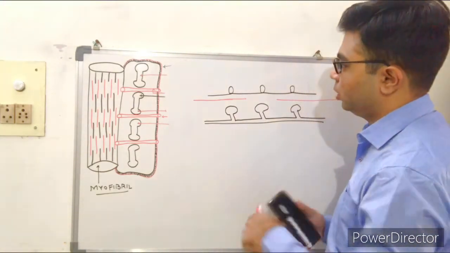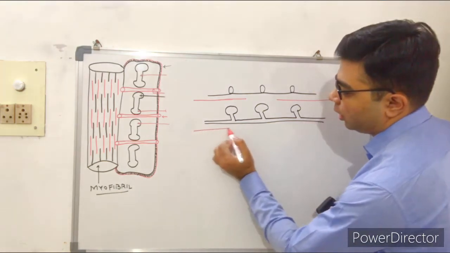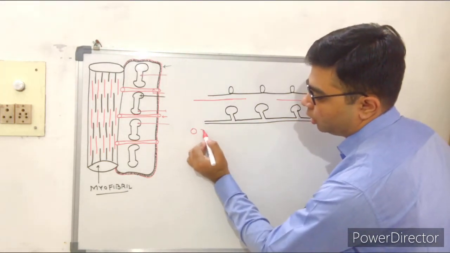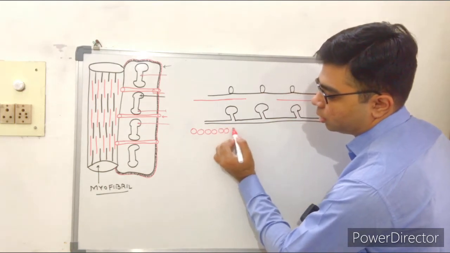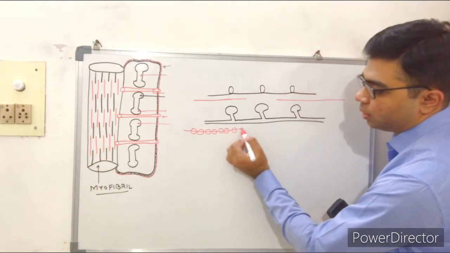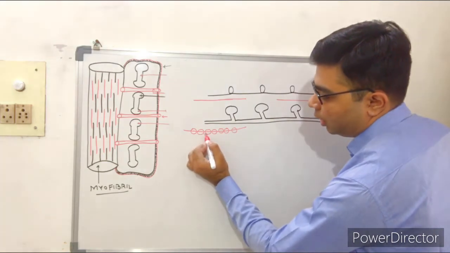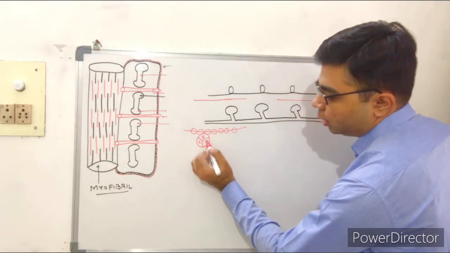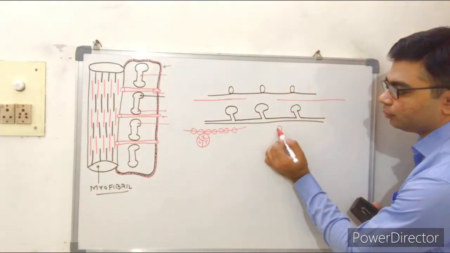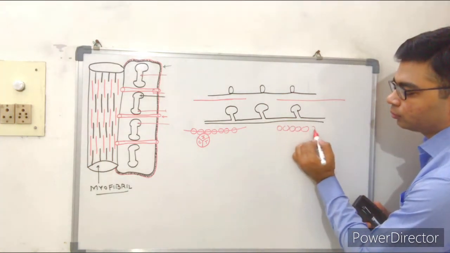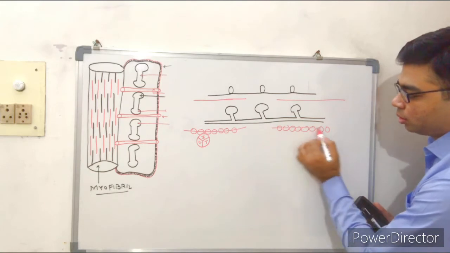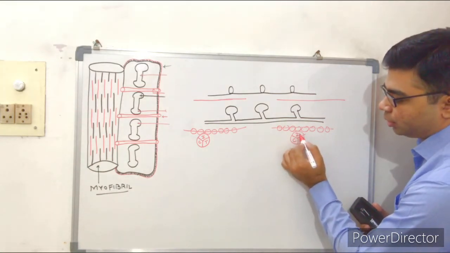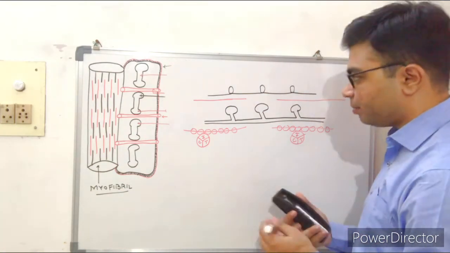And again the I band. So let me draw it like the real one. F-actin, then comes the tropomyosin, and then comes a large portion of troponin with its three subtypes.